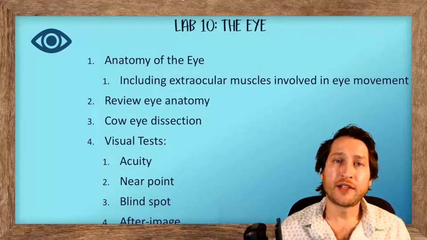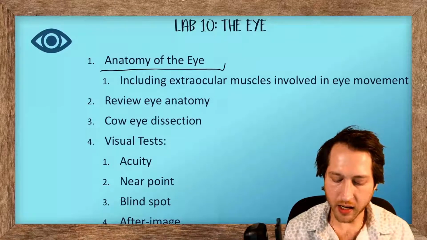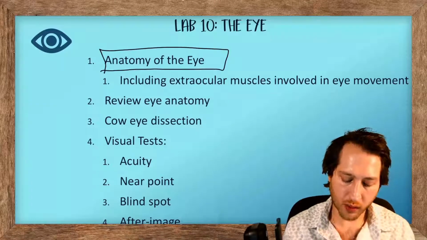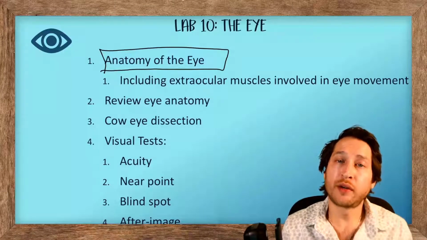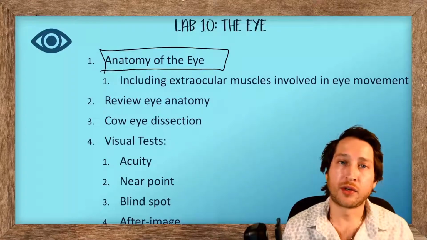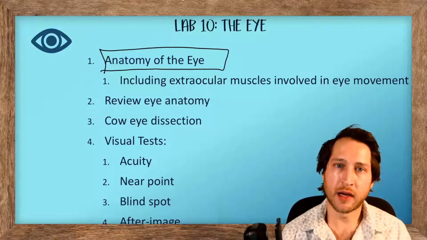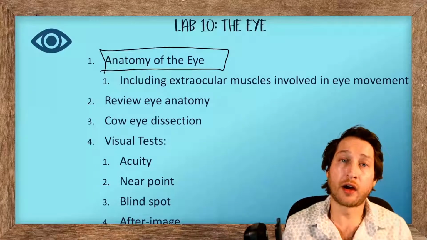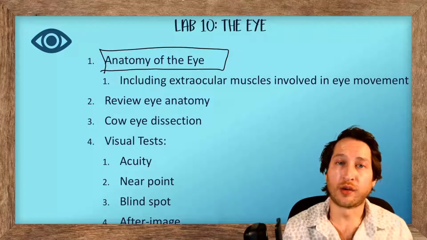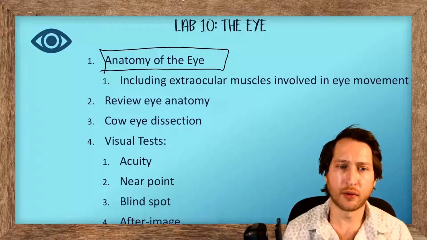So the activities you're going to be doing in Lab 12 are going to start with the anatomy of the eye. Now, I'm hoping we're going to have cow eyes to dissect in person, and then if you're doing a virtual lab, we're going to have some good online activities that are going to walk you through the anatomy of the eye. So you're going to be doing a sketch that covers the anatomical organization and layout, and then I would include a table of the function of those different parts.